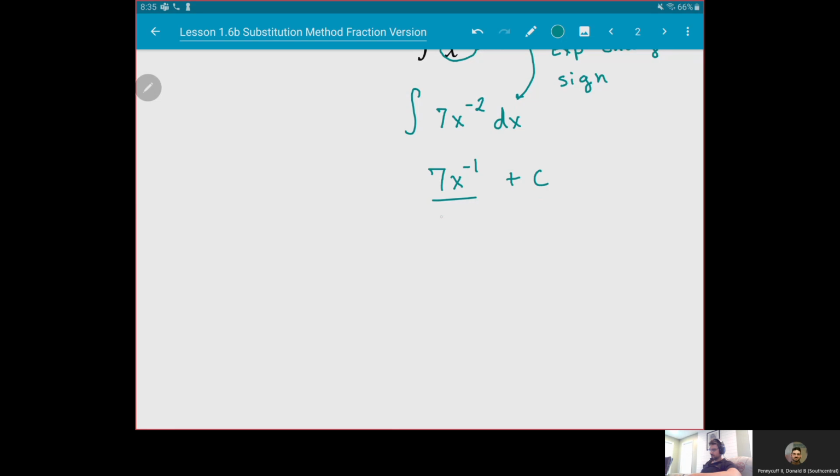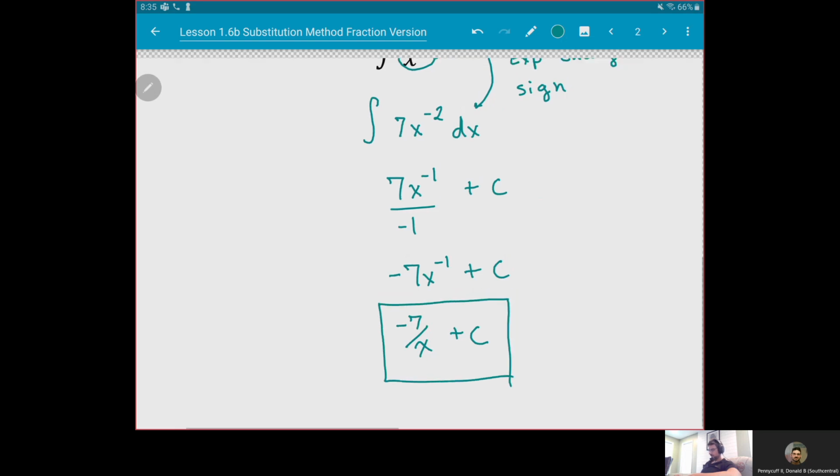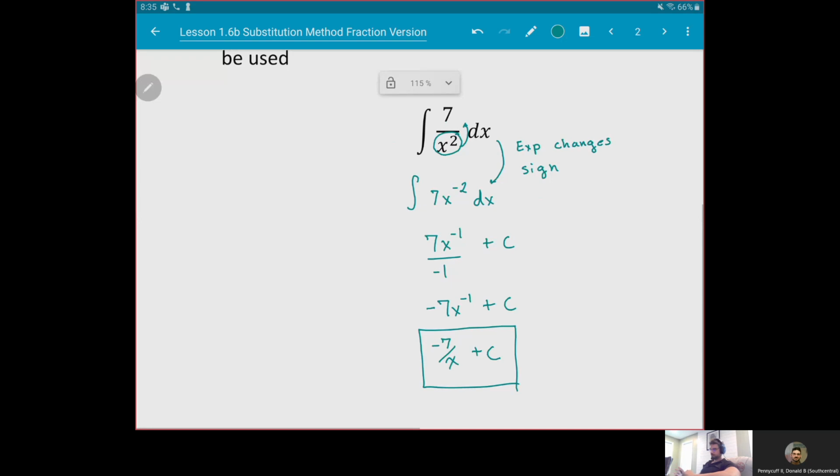So divide by negative 1, so that is negative 7x to the negative 1 plus c. Move that back to the bottom, negative 7 over x plus c. So I have found my antiderivative or my integral, and I did not have to use substitution method. And that's great.